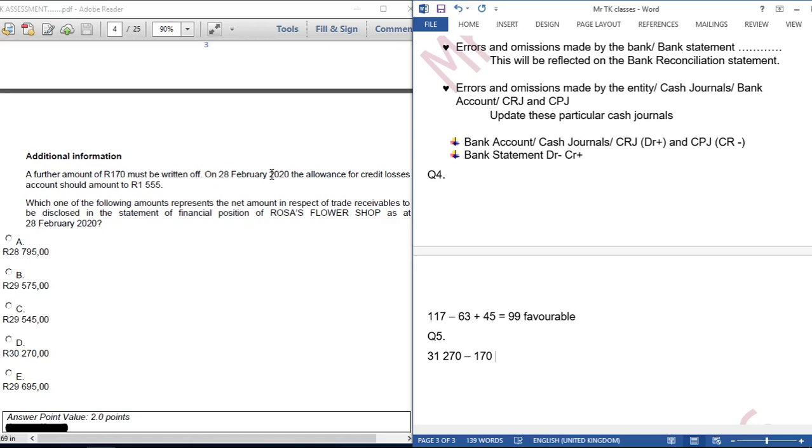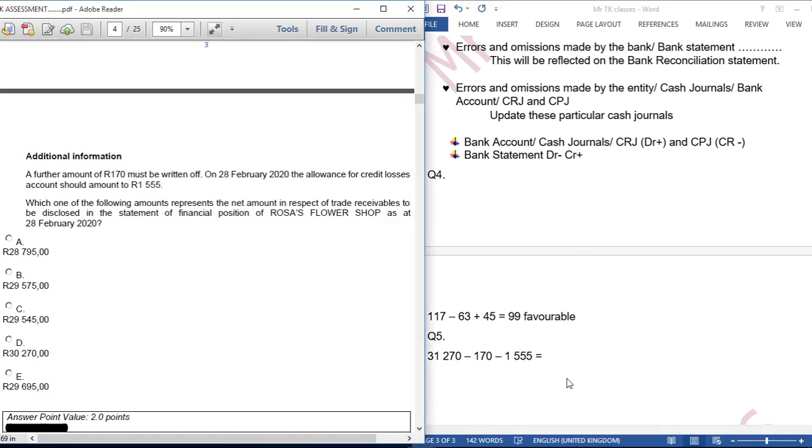On 20th February 2020, the allowance for credit losses account should amount to 1,555. With this allowance, we are doubting that these people might not pay us, so let's be prudent and subtract it from our trade receivables control and see what amount we are going to have.